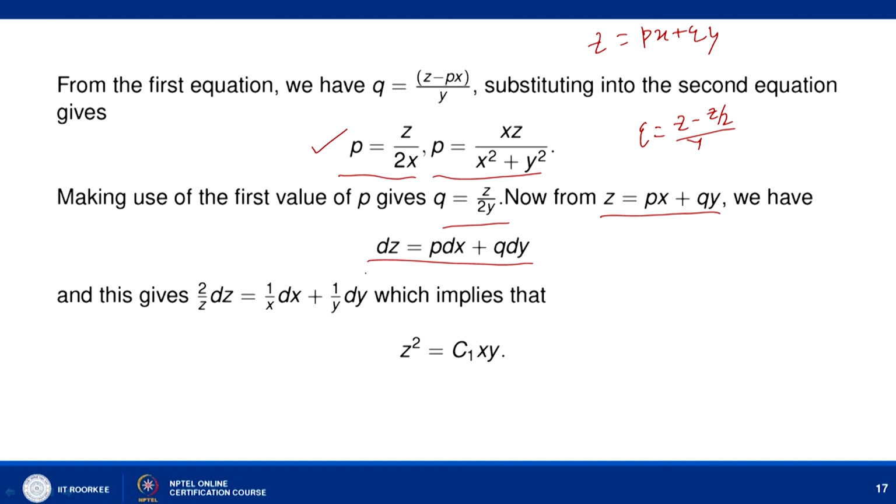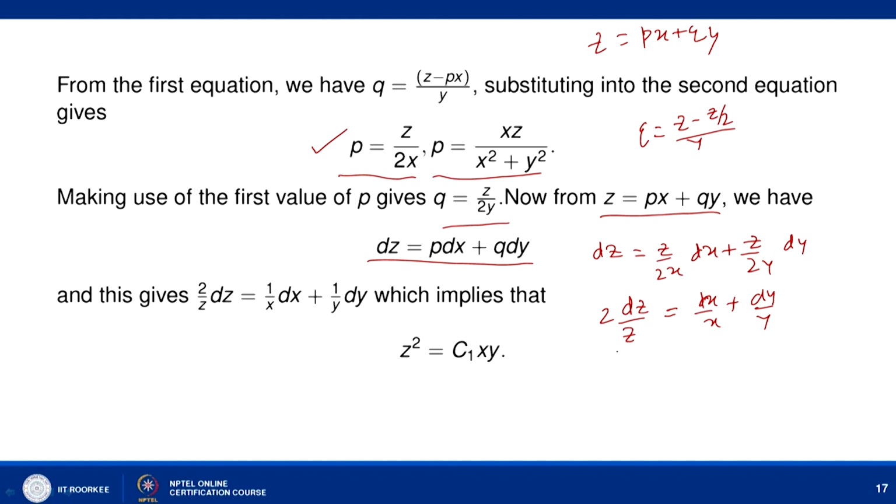Then you simply write dz, and p is what? P is z by 2x dx, and q is what? Q is your z by 2y, so z by 2y dy. If you simplify this, it is what? Dz by z. In fact, you can take 2 here, then it is dx by x plus dy by y.